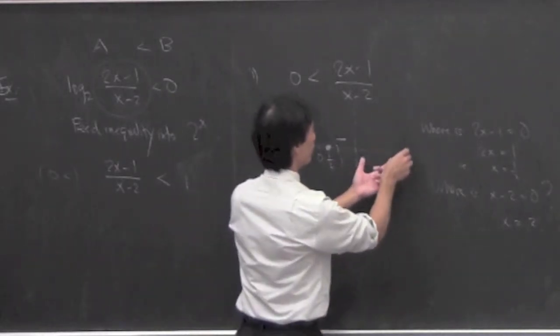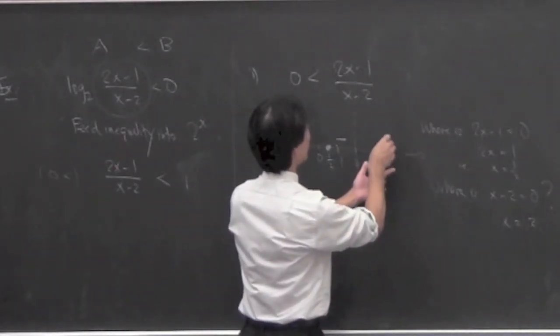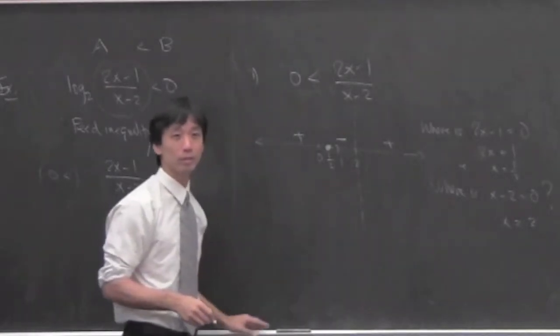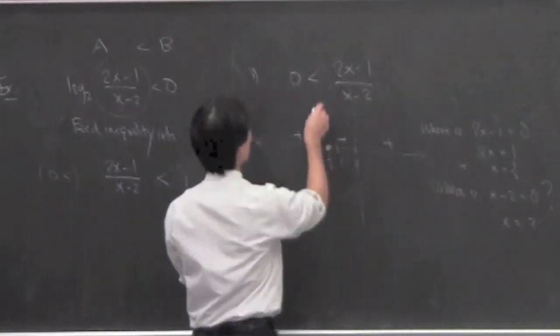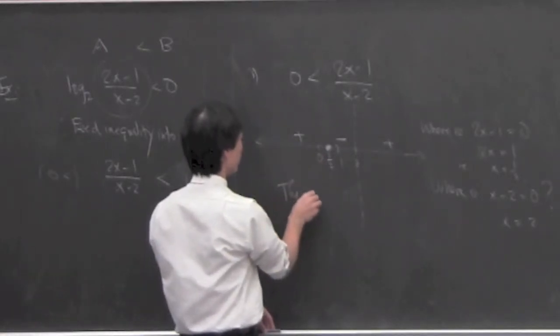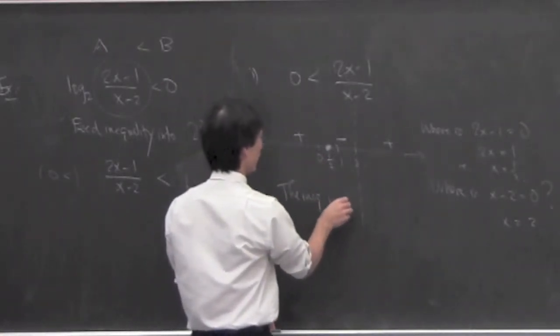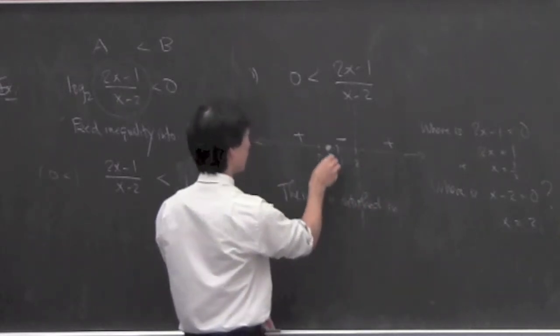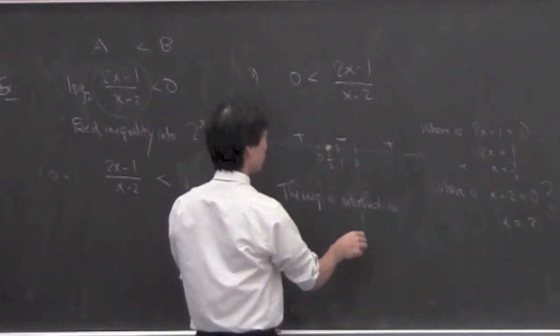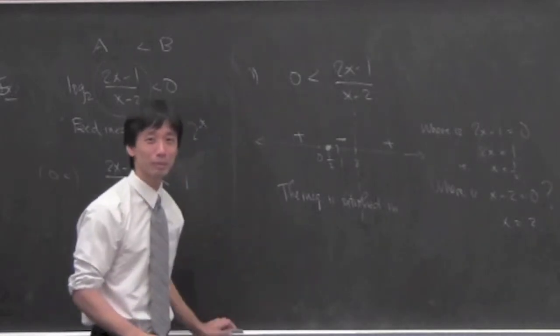And over here, we choose some gigantic number, and we see it's positive. So the inequality is satisfied in what? Sorry.